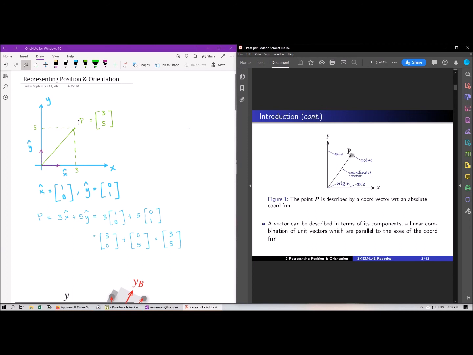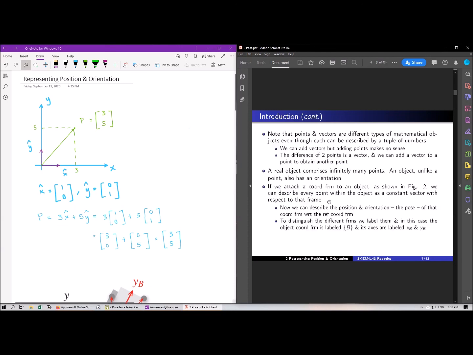So P is 3x hat plus 5y hat. When we substitute x hat and y hat, we get 3 multiplied by (1, 0) plus 5 multiplied by (0, 1), you get (3, 5). So that's how you get the mathematical description of a point that you have known already. So let's move on.